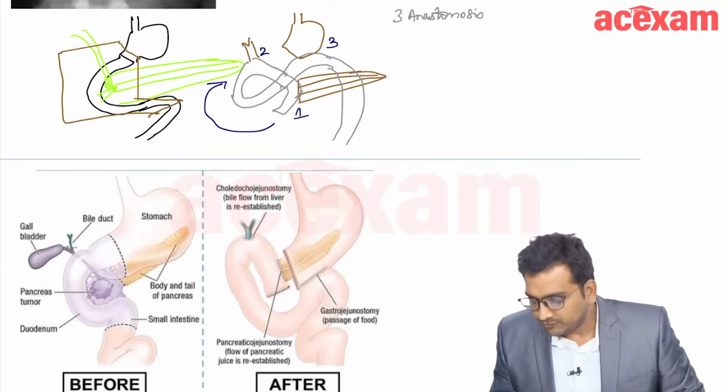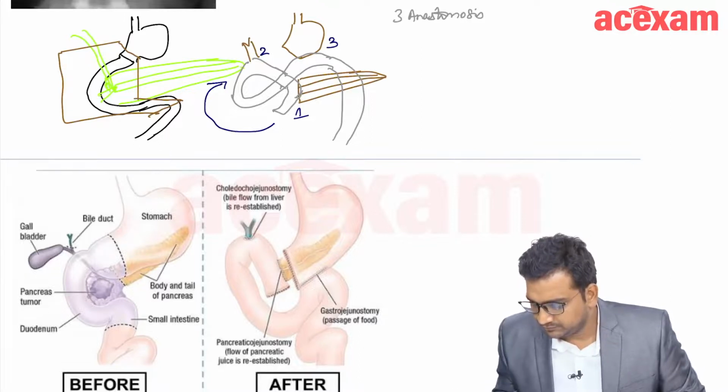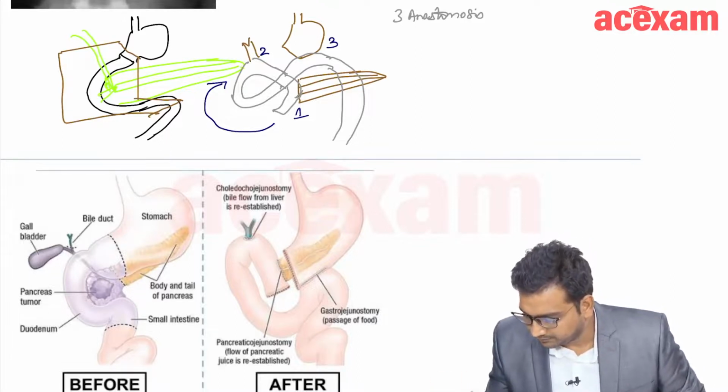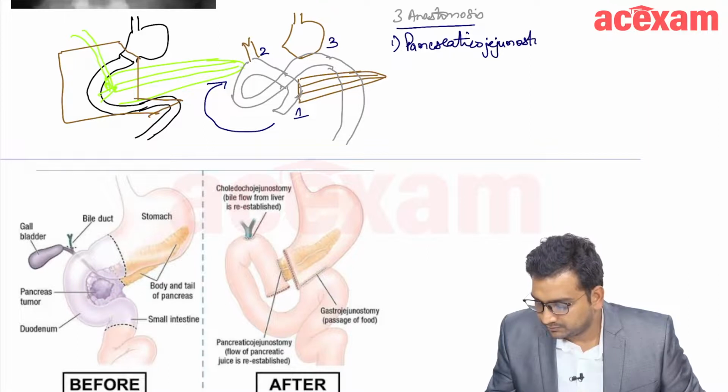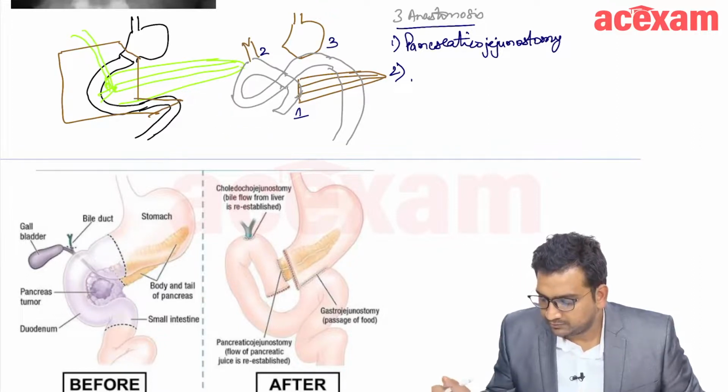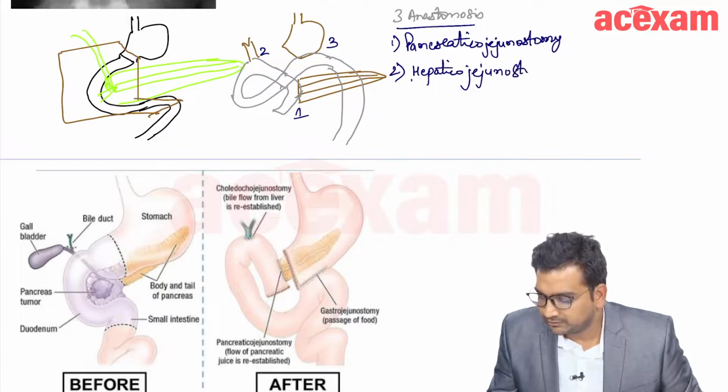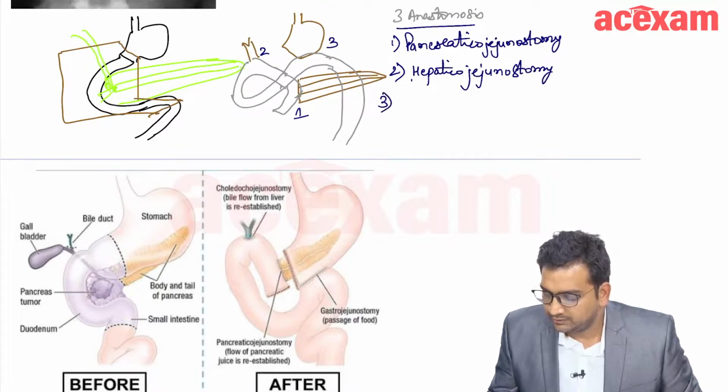Okay, if you will see here, the anastomoses are done in anti-clockwise fashion. The 3 anastomoses are pancreatico-jejunostomy, hepatico-jejunostomy, and gastrojejunostomy.